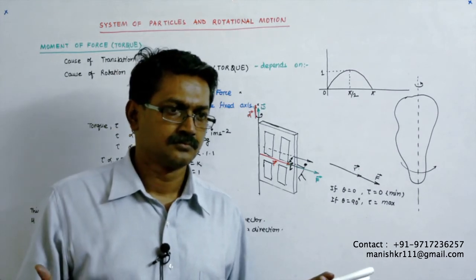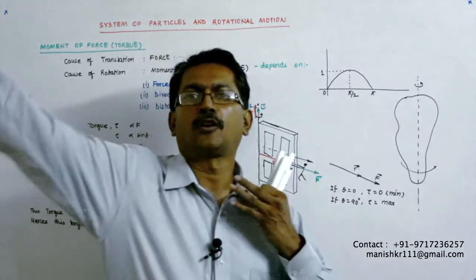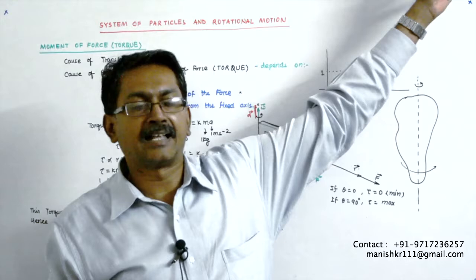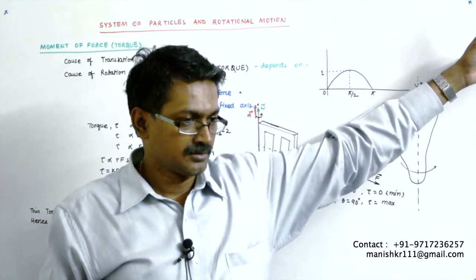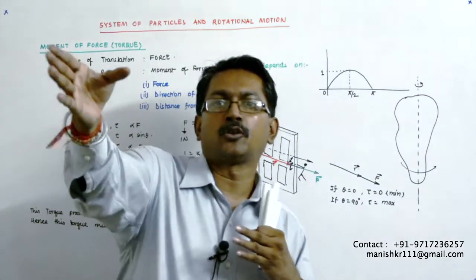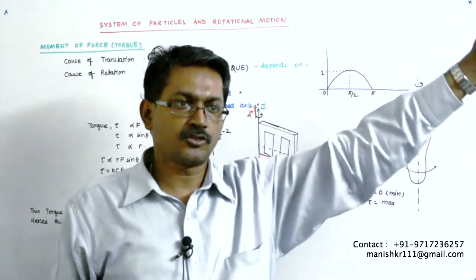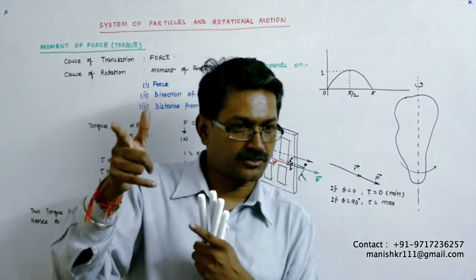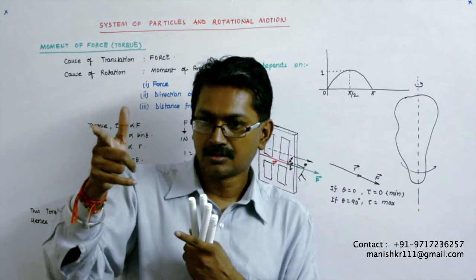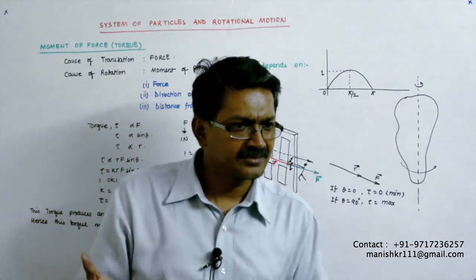Upwards. I cannot be applying torque in this direction and producing an acceleration in that direction. Correct? Because I was not able to apply a force in this direction and an acceleration in that direction. Force and acceleration were in the same direction. It makes sense.